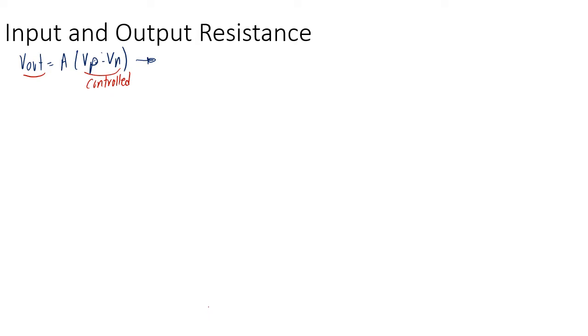So if I have this op amp and I connect, let's make it a little bit real, 3 millivolts here, and 2 millivolts there, right? And the gain of the op amp is 1000. I'm going to have 1 volt here, right?